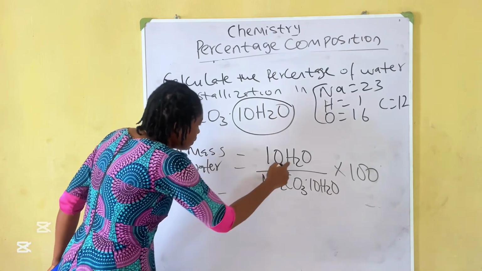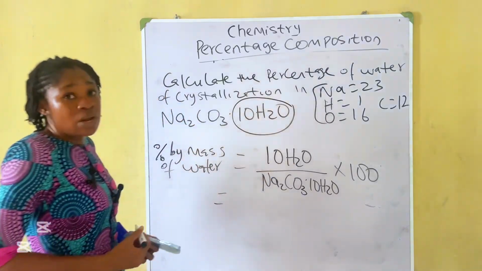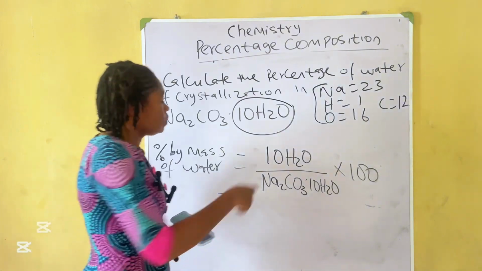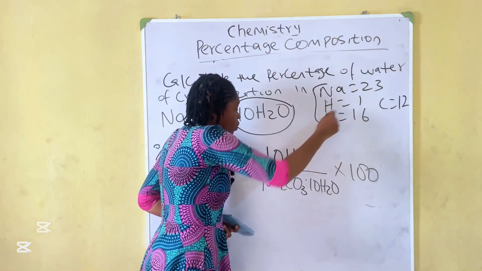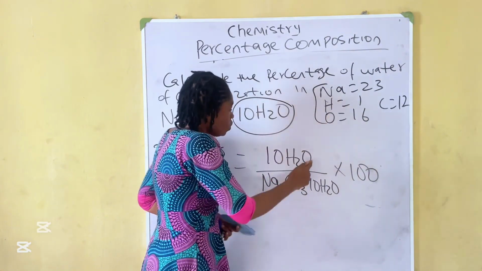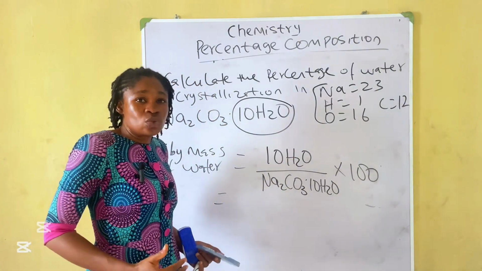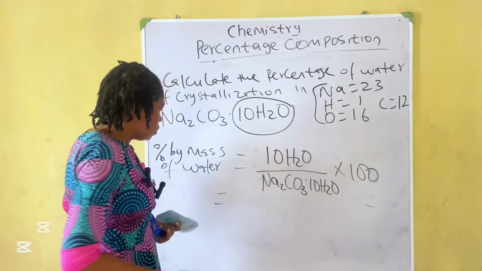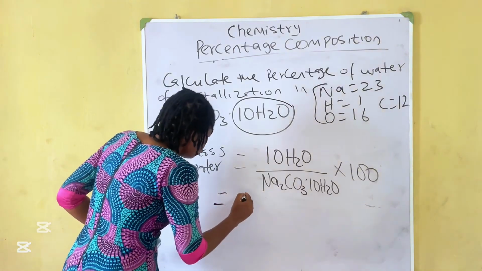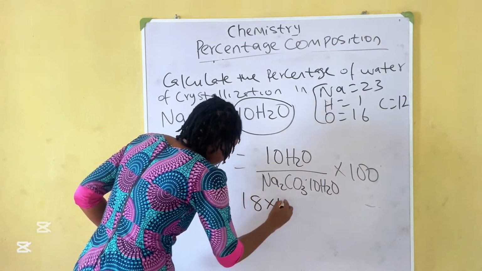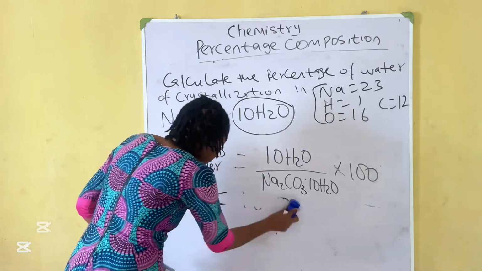Remember the relative molecular mass of water: hydrogen, I have 2 atoms of hydrogen, 2 times 1 is 2. Oxygen is 16. So the relative molecular mass of water is always 18. So without wasting time, we just do 18 times 10.